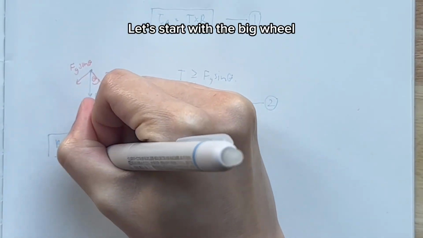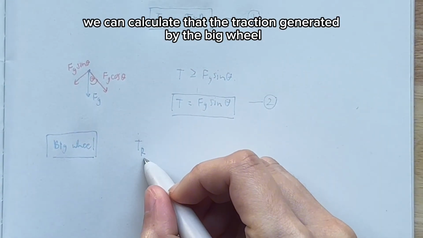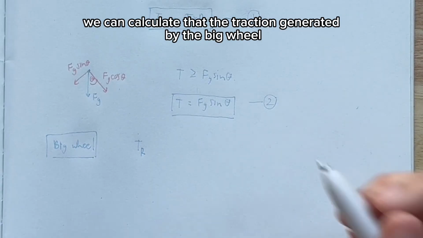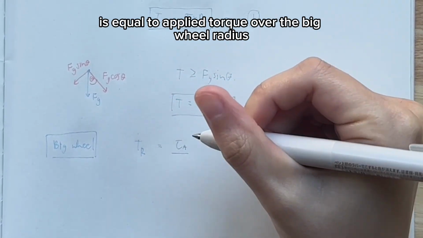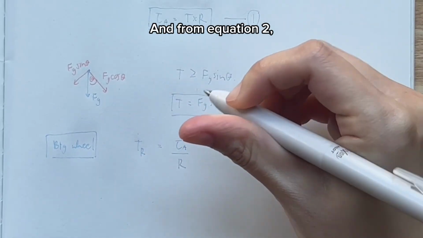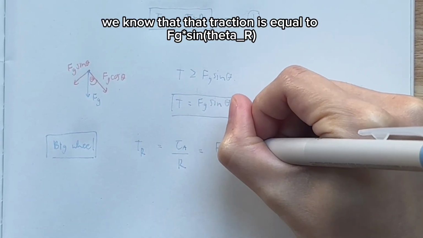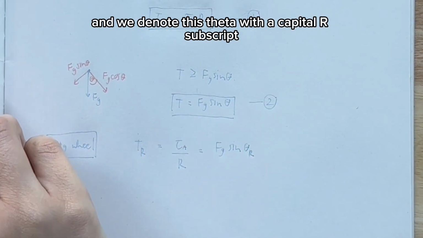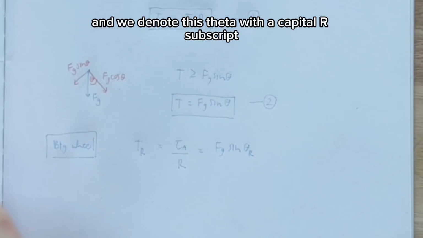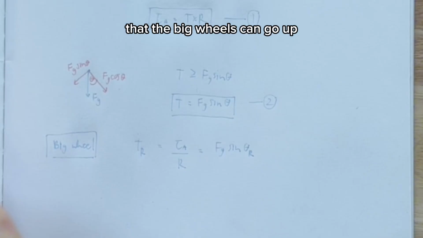Let's start with the big wheel. From equation 1, we can calculate that the traction generated by the big wheel is equal to applied torque over the big wheel radius. And from equation 2, we know that traction is equal to Fg sine theta. We denote this theta with a capital R subscript because it is the maximum angle of the slope that the big wheels can go up.